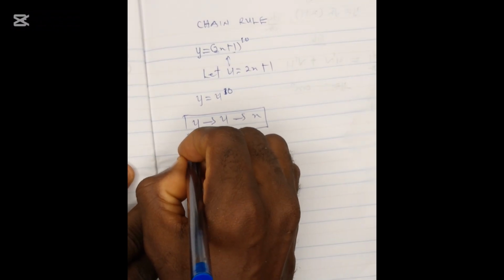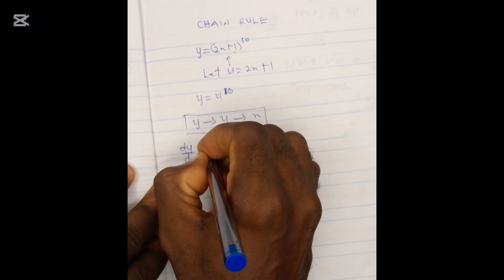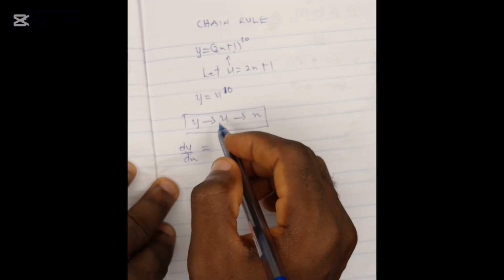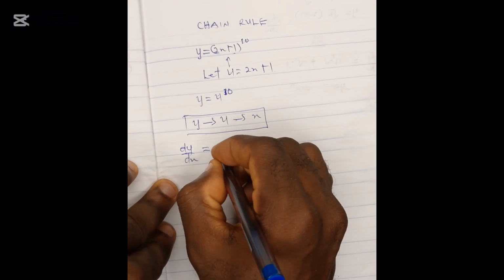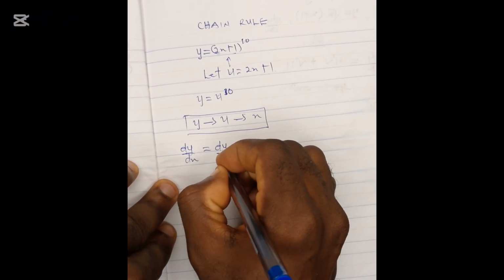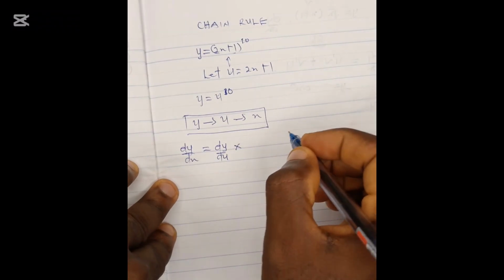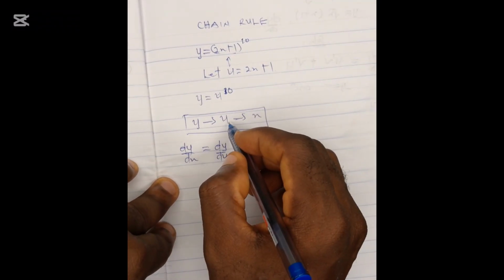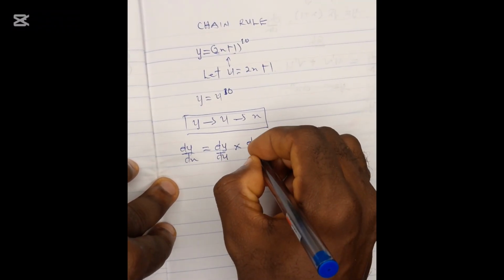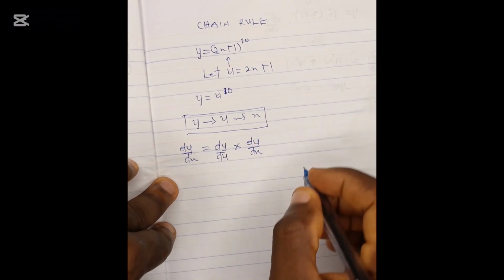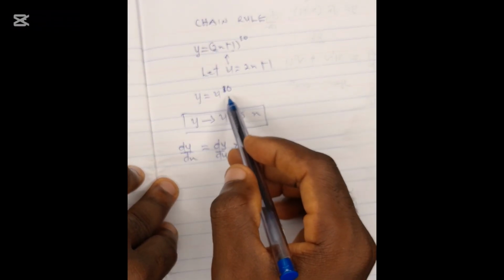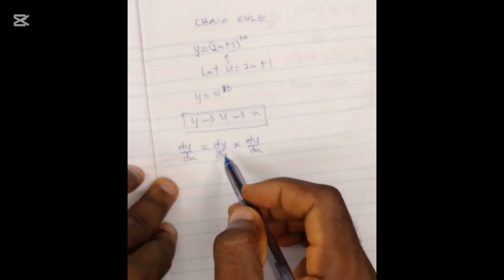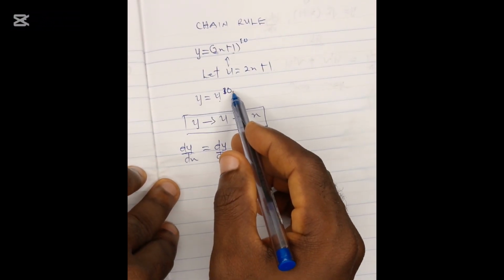In that case, dy/dx is simply the differential of the function y with respect to u, that would be dy/du, multiplied by the differential of the function u with respect to x, that would be du/dx. So in respect of what we have above, y is equal to u raised to the power 10.